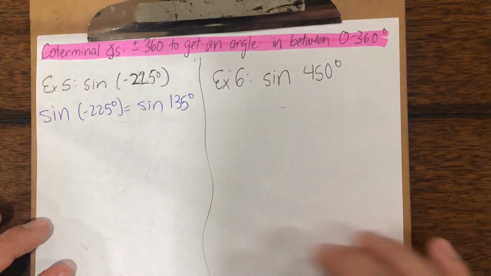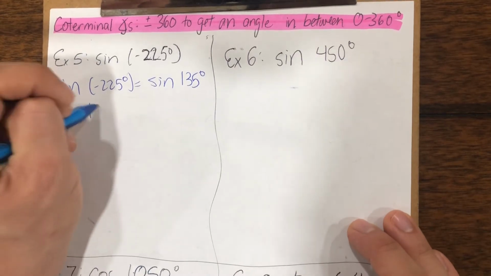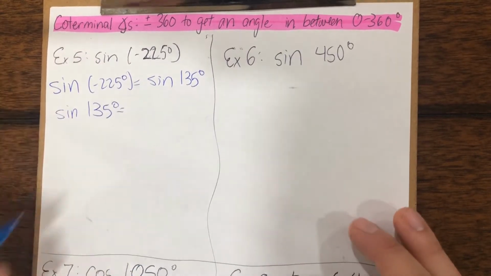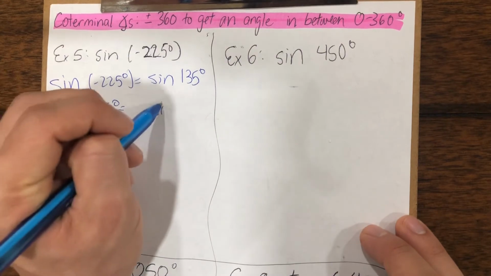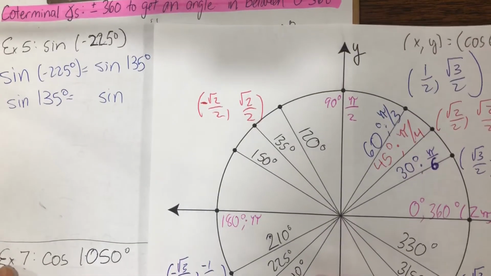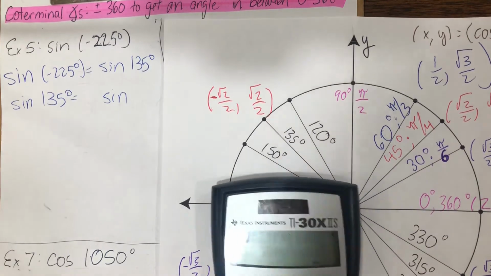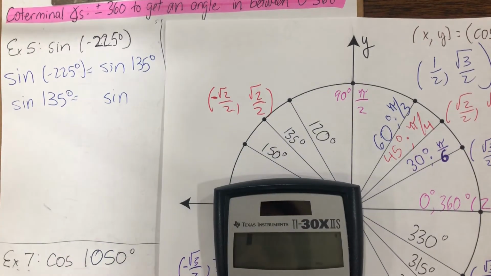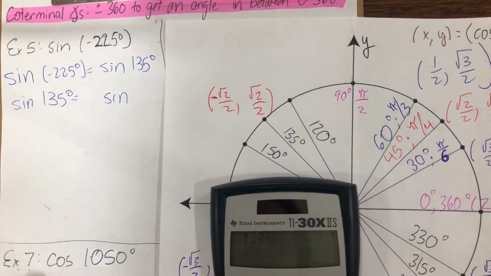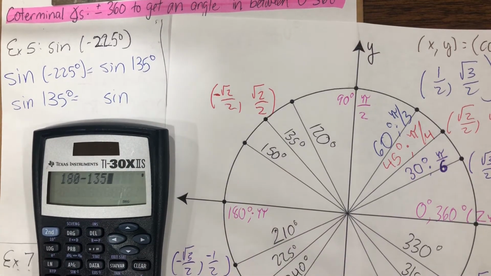So I'm going to rewrite sine of 135 equals sine of a reference angle that we're going to figure out. We know it's in the second quadrant, so I'm going to take 180 degrees, let me put the calculator over here, and subtract 135.